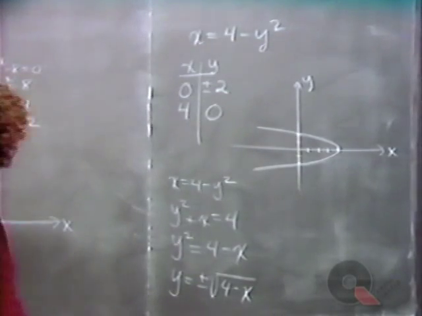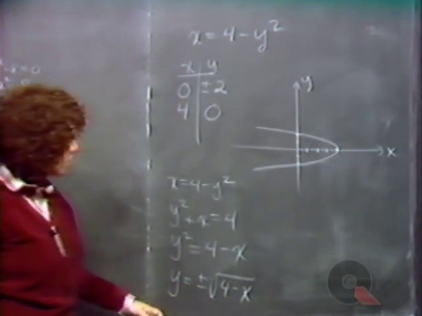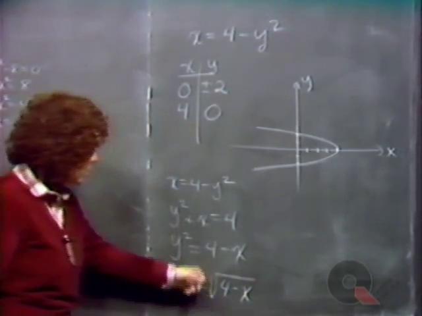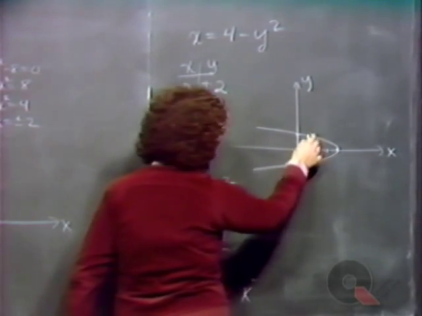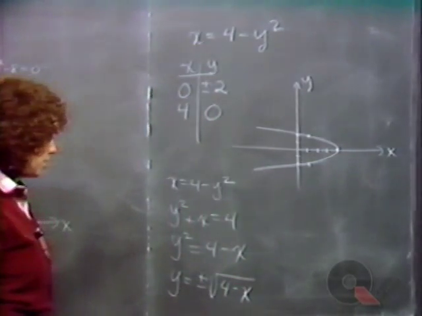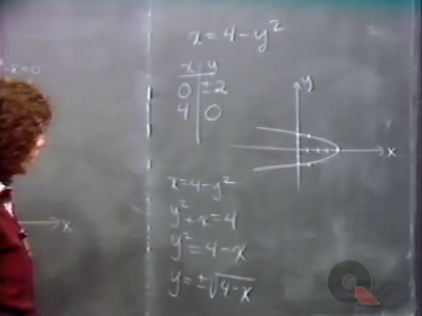When we write the equation in this form, the multivalued nature of y becomes obvious. If, for example, x were equal to 1, y would be plus or minus the square root of 3. In other words, when x equals 1, there are 2 y values associated with it. So it becomes very clear that it's not a function of x when we look at it in this form.